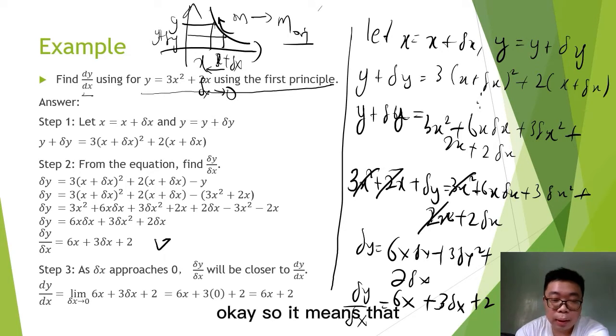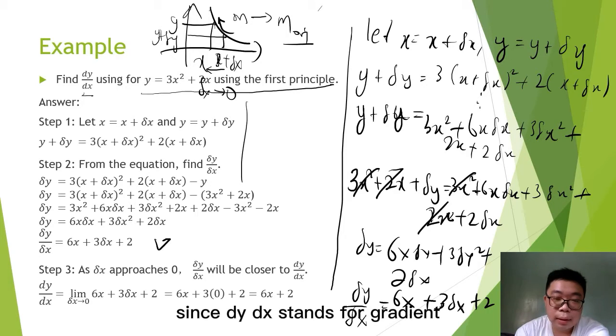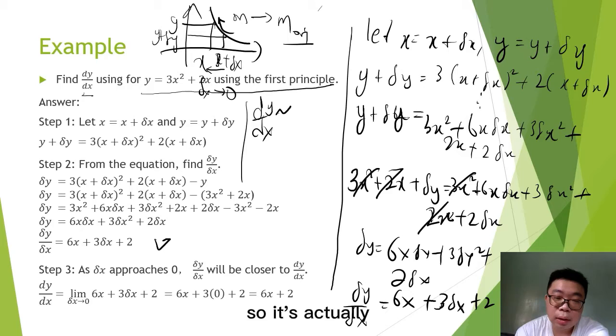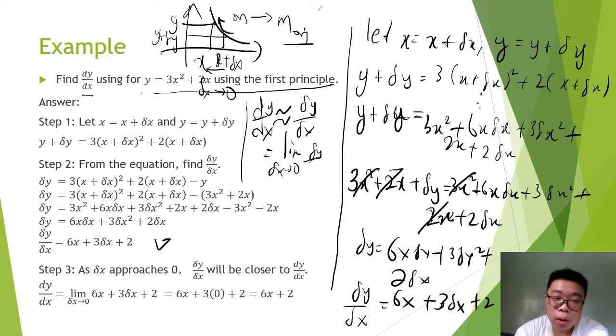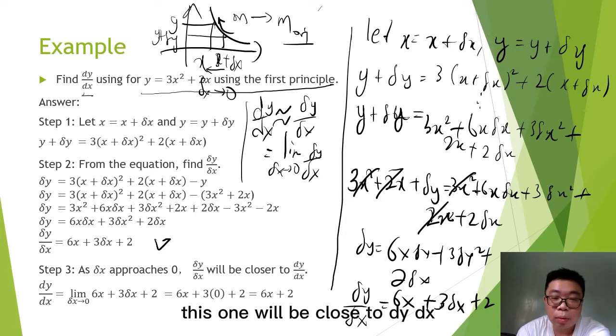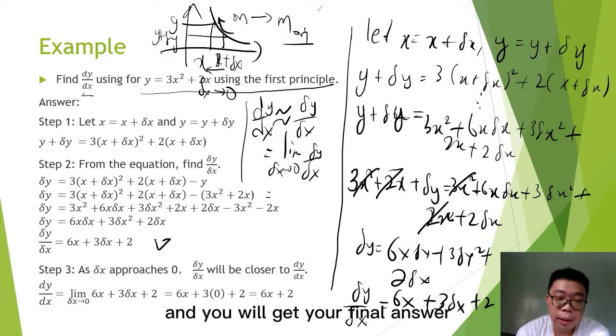So it means that since dy/dx stands for gradient, it's actually close to delta y over delta x. So when the limit of delta x approaches 0, this one will be close to dy/dx. So you will plug in this one here and you will get your final answer.